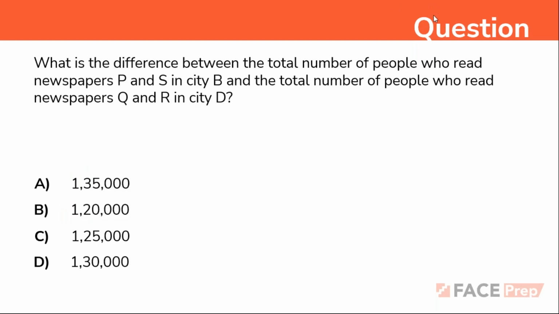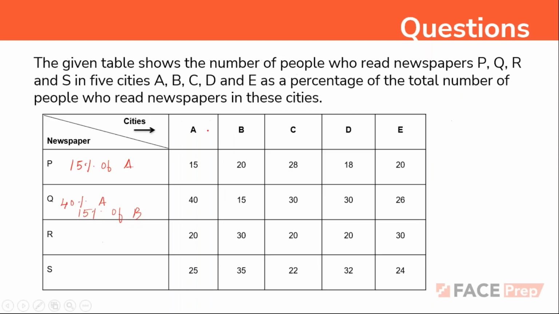Now we'll move to the question. Here is your first question, people. What is the difference between the total number of people who read newspapers P and S in city B and total number of people who read newspapers Q and R in city D? Okay, so let me take P and R in city B, Q and R in city D. So in city B, P is 20% and R is 30%.